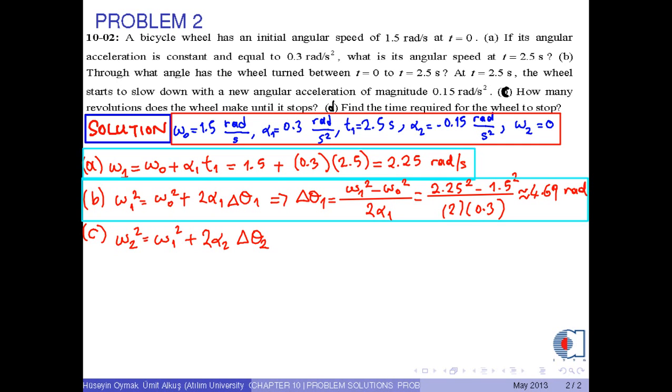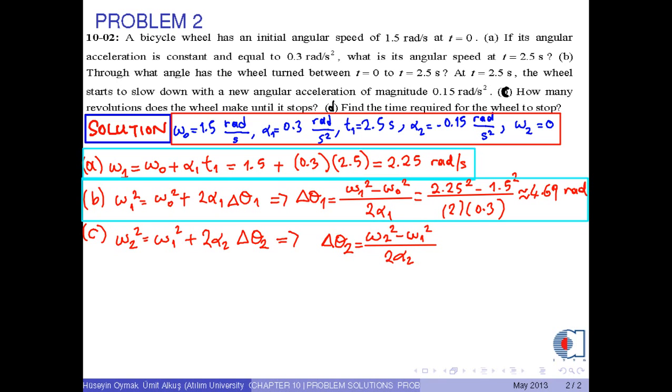And delta theta 2 is the angle the wheel turns until it stops. From this formula, we can get an expression for delta theta 2 as omega 2 squared minus omega 1 squared over 2 times alpha 2.